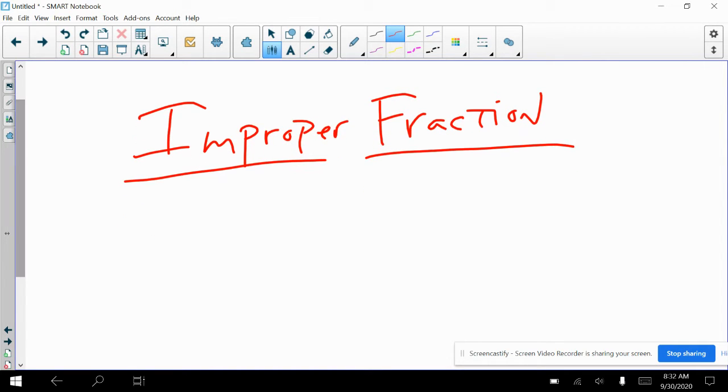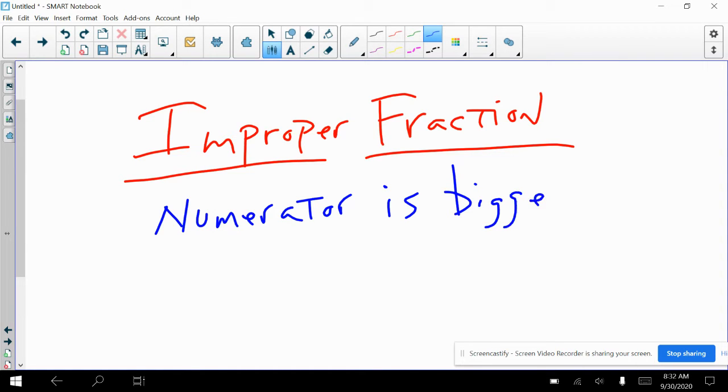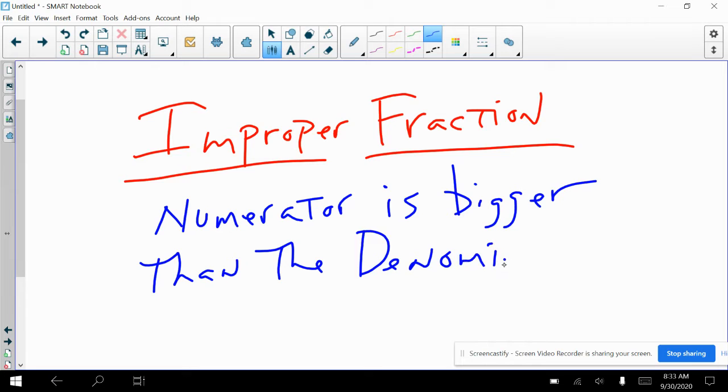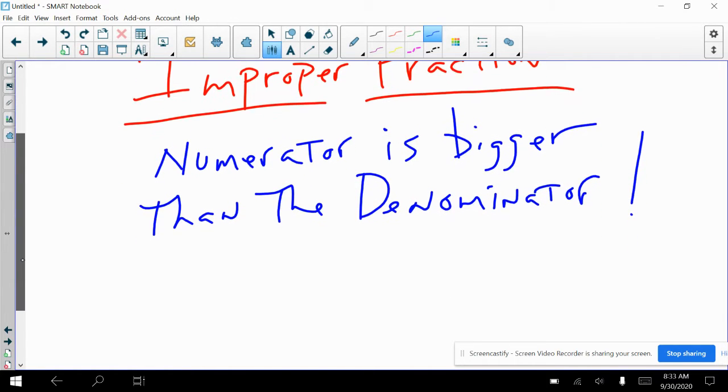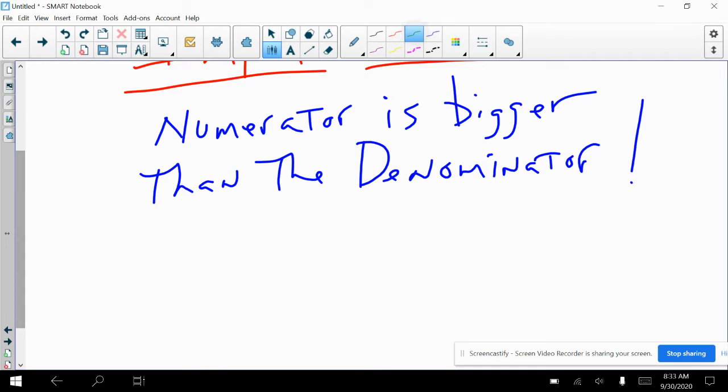Cohen. You know what this is. All right. The numerator is bigger than the denominator. That's correct. Looks something like this.